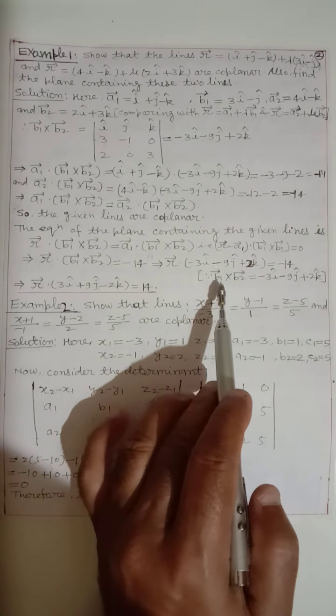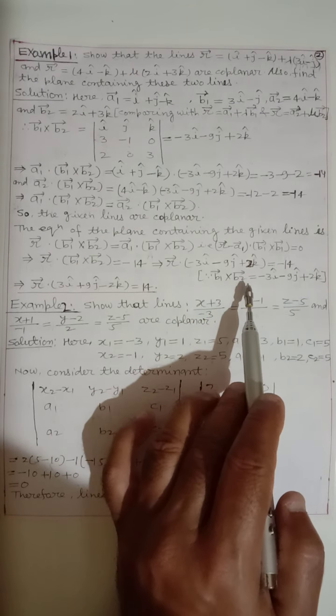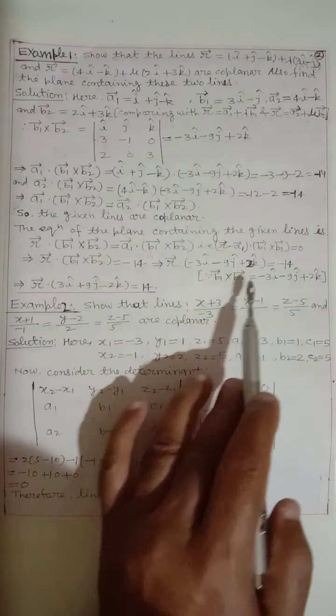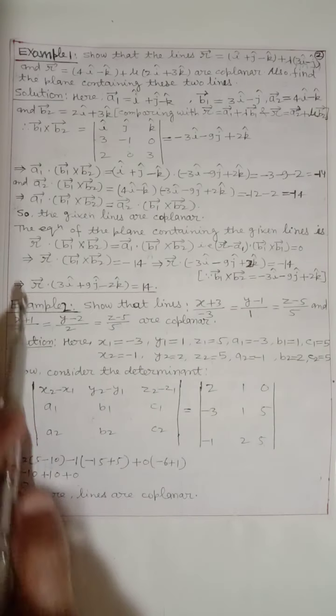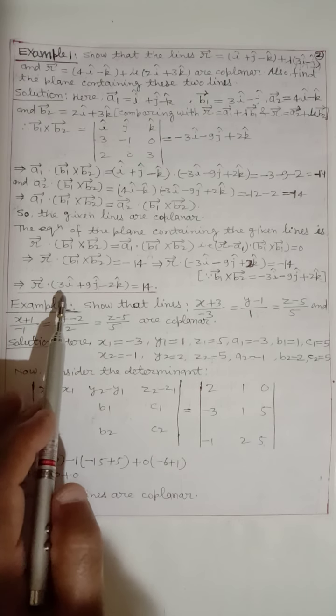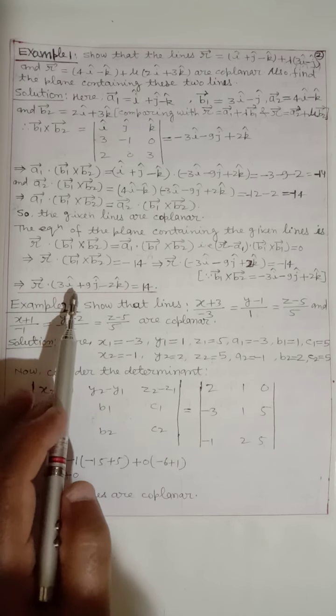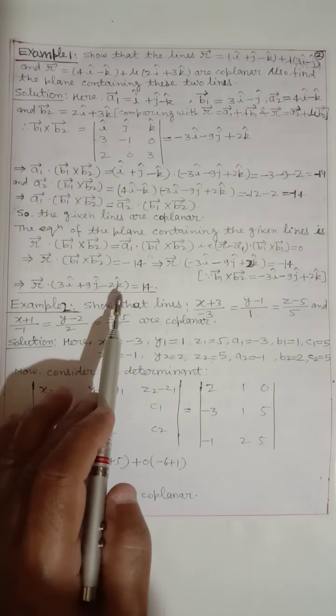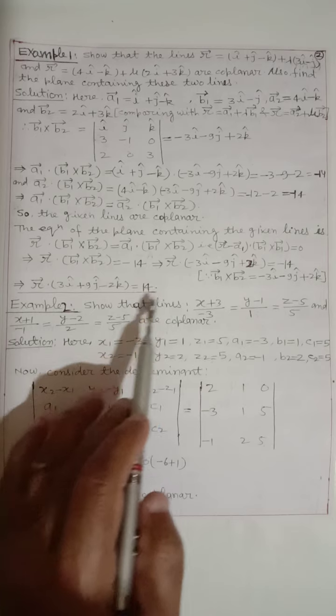Since vector b1 cross vector b2 equals minus 3i cap minus 9j cap plus 2k cap, therefore vector r dot 3i cap plus 9j cap minus 2k cap equals 14.